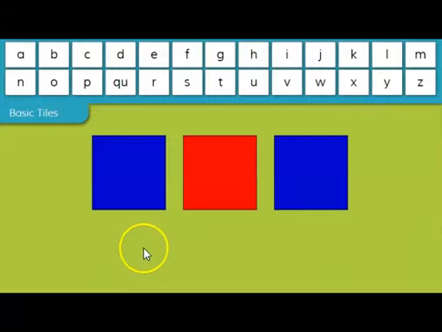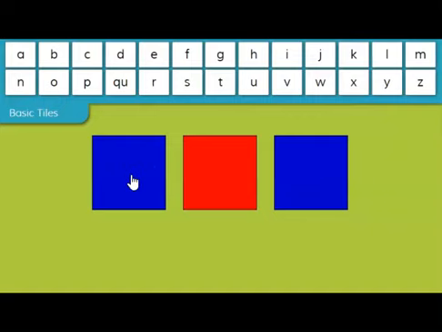And now let's look at the colored tiles. We just spoke about the word pop. The first sound we hear in pop is the letter P. Can you touch the colored tile that would represent the first sound? That's right.